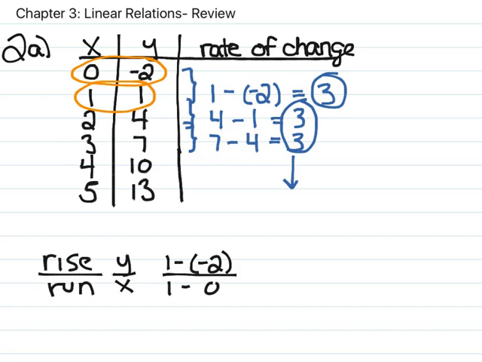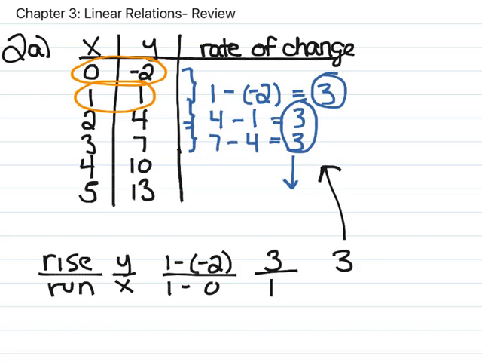It's important that the points line up. If you look at this one first, you'll notice that I used them first, and then this other one came second. Then we have 1 minus -2 is the same as 1 plus 2, so we have 3 over 1, so the slope is 3.